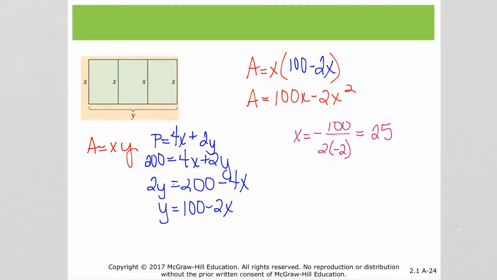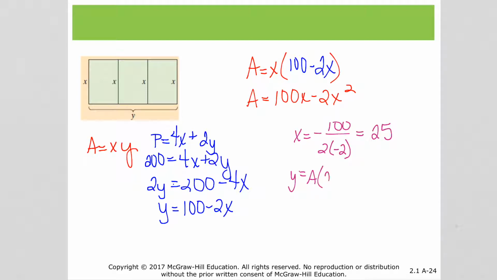To find the y value of the vertex, we can do a few different things. Well, we'll do this.